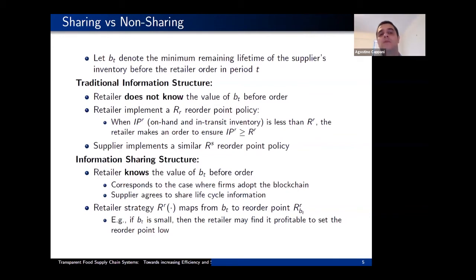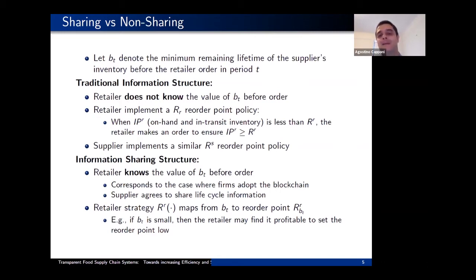Now, what happens if we allow to share information? Then in that case, the retailer knows the value of BT because he can look into what's the inventory of the supplier, and therefore he can know how long it takes before the items will expire. And of course, this information will be then used by the retailer to design his reordering policy. For example, the retailer strategy now can map from BT, which is this minimum remaining lifetime of the inventory, to the reordering point.